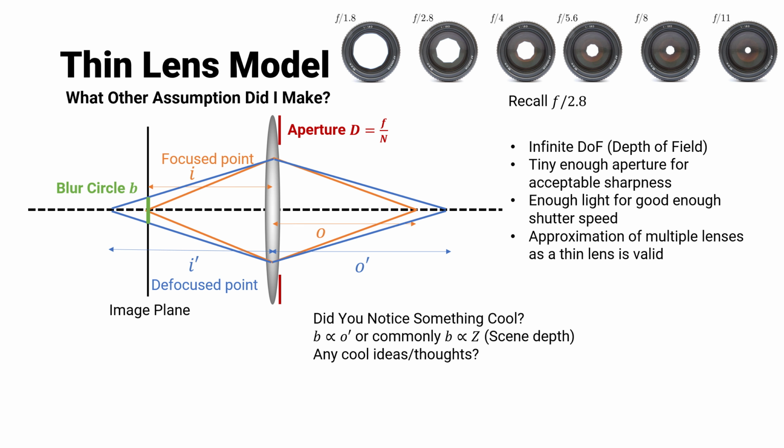So just to recap, the blur circle size effectively encodes the depth of the scene, or how far some object is. Can we utilize this? Can you come up with thoughts or examples which actually can do this? I would urge you to pause the video for a second and go through this thought experiment with me.